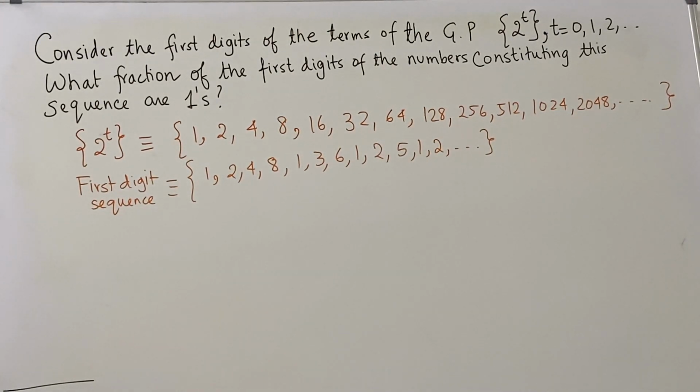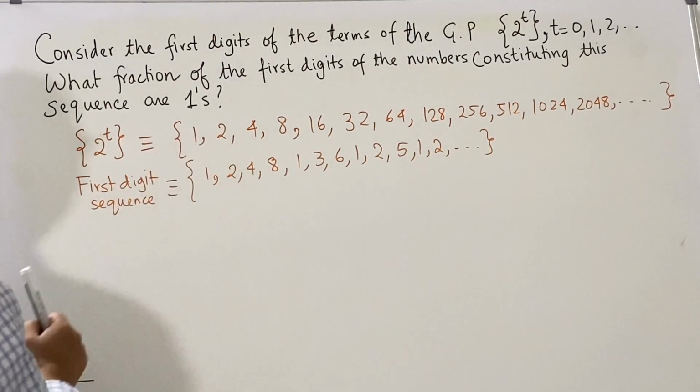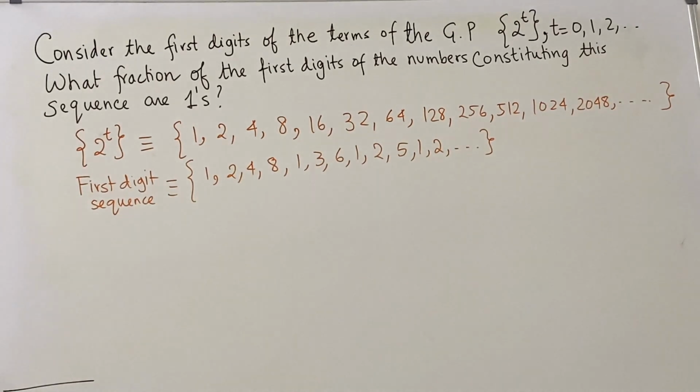Now the question is: what fraction of the first digits are ones? To understand this, we first have to understand what it means to talk about a fraction of first digits of an infinite sequence.